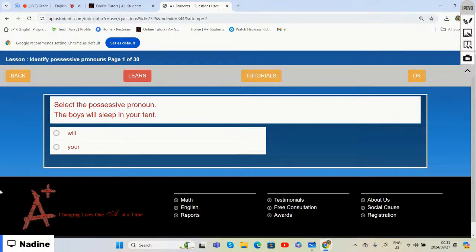The boys will sleep in your tent. Is it option one, will, or option two, your?